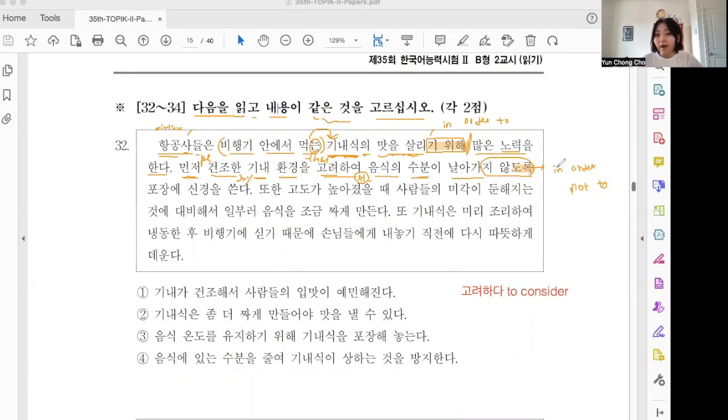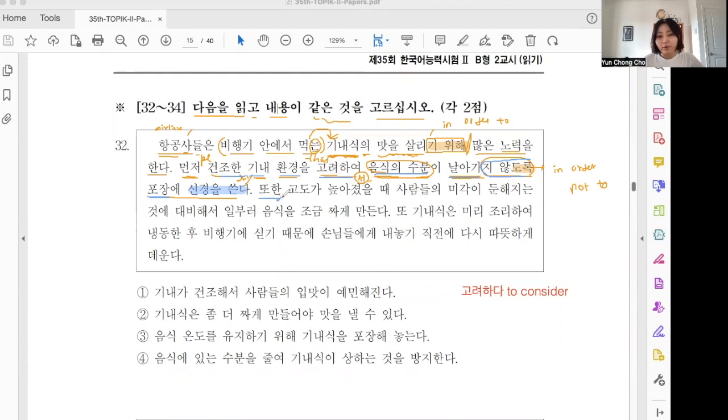Okay, in order not for the 음식의 수분, the moisture of food, 날아가다, go away, 포장에 신경을 쓴다. 신경을 쓰다, take care of the package. They take care of the package in order not for the moisture of the food to go away. Consider the in-flight environment that is dry.